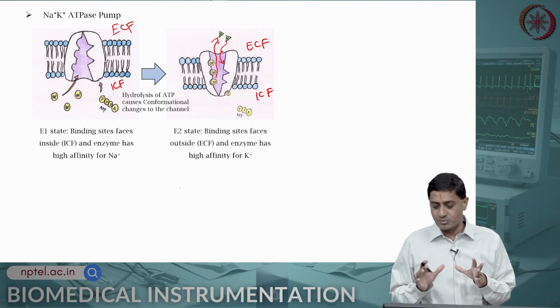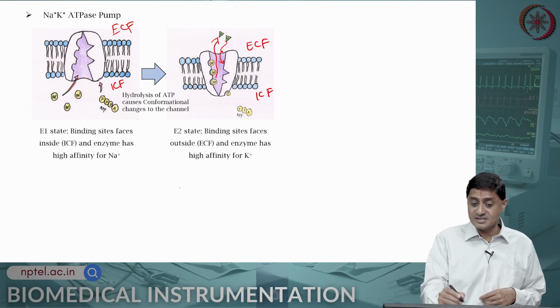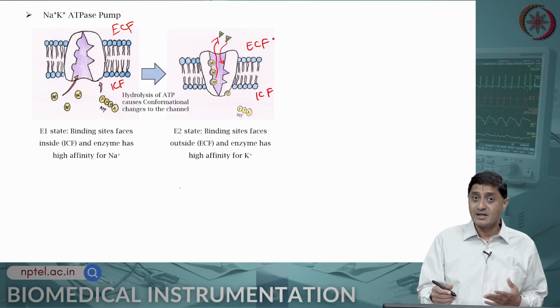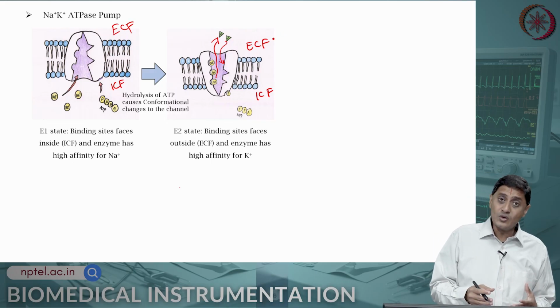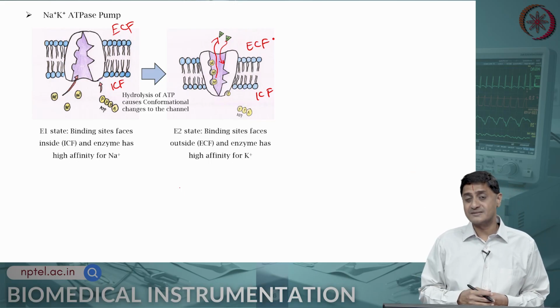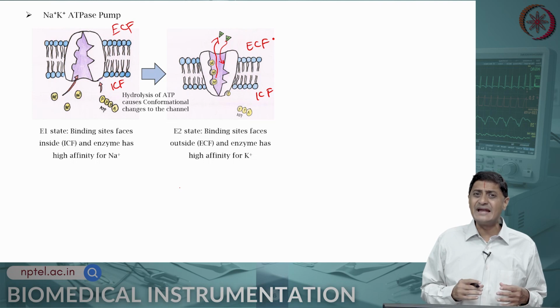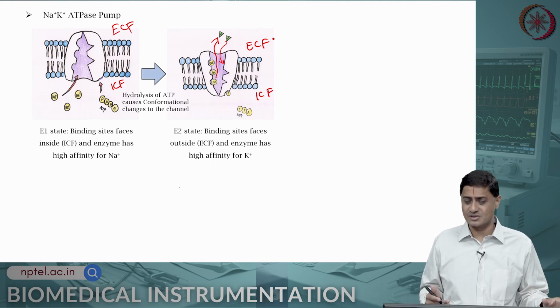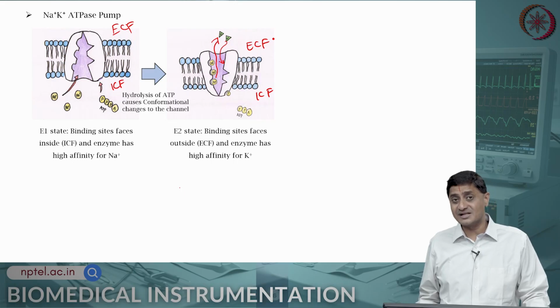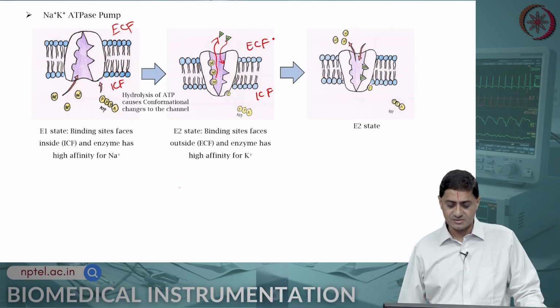Let us revise this one moment. Sodium is found in high quantities outside. In this case, sodium is pumped from inside to the outside. That is why it is called a pump. That means there is an energy barrier that it has to cross, and once potassium attaches to the binding sites, it once again undergoes a conformational change.